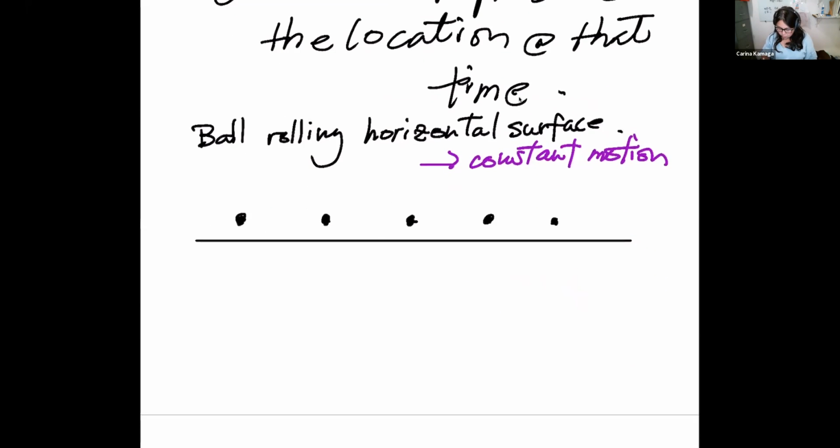And once they're on an incline, how does the motion of the ball look? The next one is going to be maybe here. But do you think the spacing is going to be the same, if there's no air resistance or friction force?